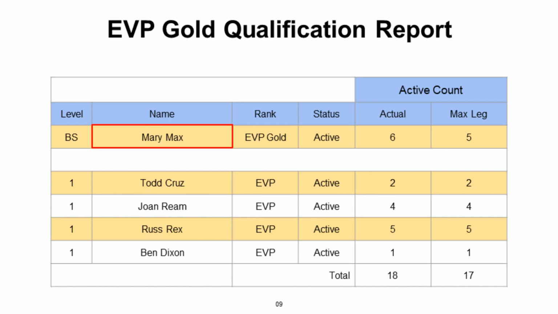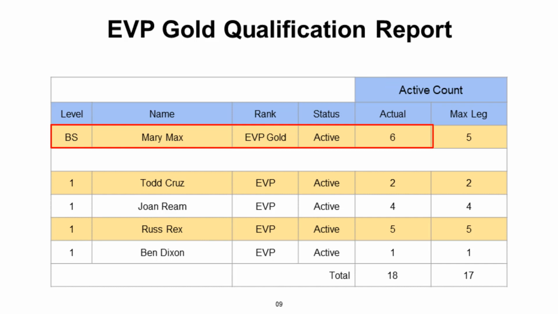Mary Max is the associate looking at her Executive Vice President Gold report. On the first line, we see Mary's base shop numbers. Mary has a total of 6 active associates in her base shop as represented by the column labeled Actual.